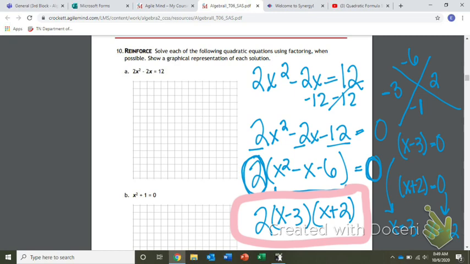All right. So on your graph, I want you to plot your two x-intercepts. We have one at 3, and we have one at -2.